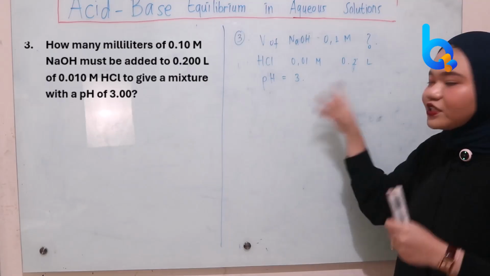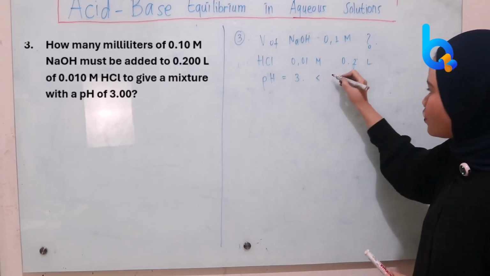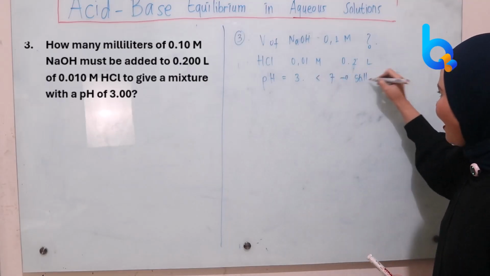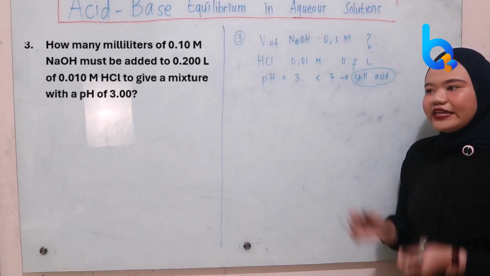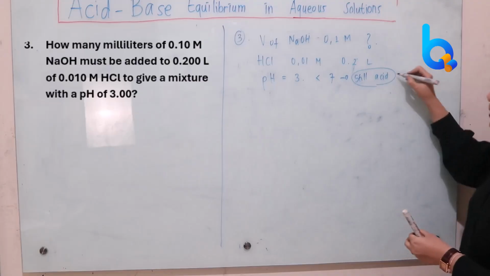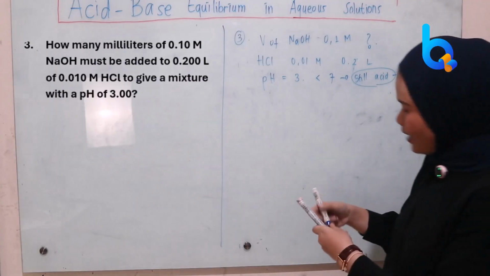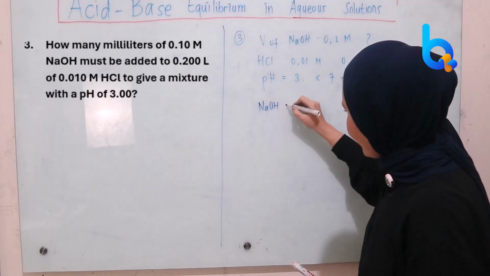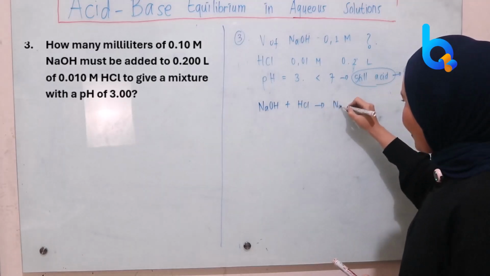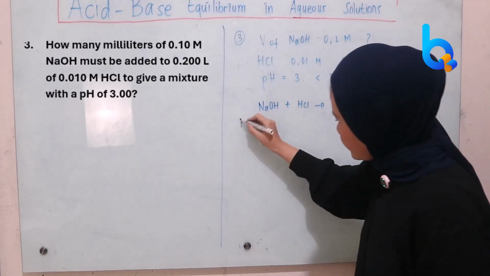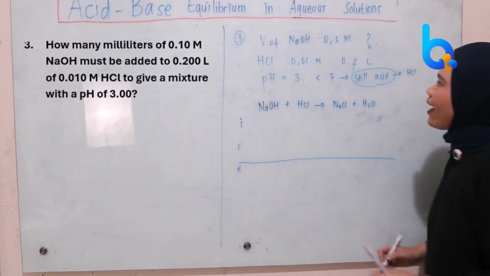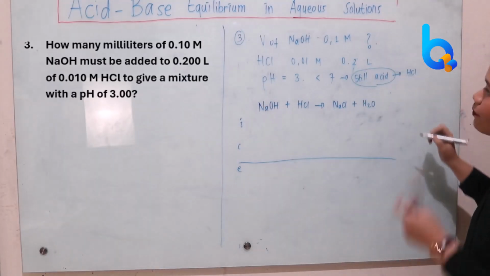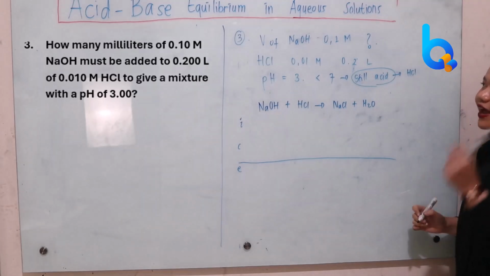So pH equal to 3 is actually below 7, so it is acidic. Probably at the end of the equation we would have HCl, and we can make the balanced equation: NaOH plus HCl equals NaCl plus H2O. Initial, change, equilibrium, or M. So initially, we have to calculate the moles of NaOH.